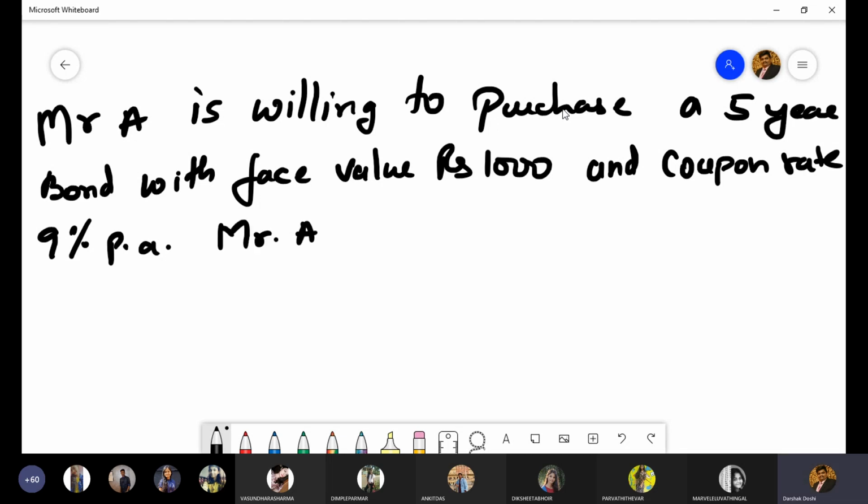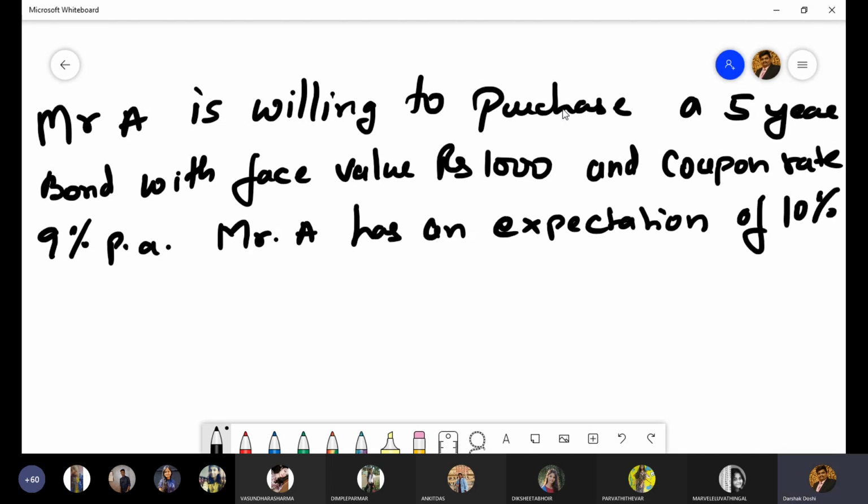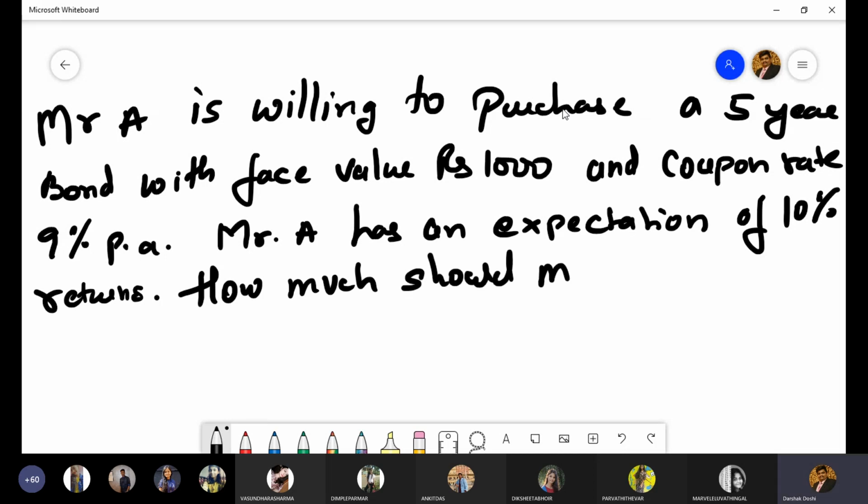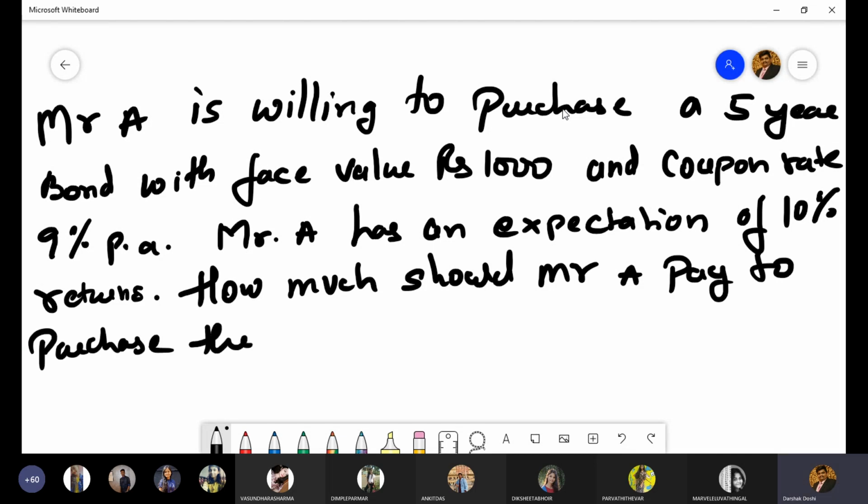Mr. A has an expectation of 10% returns. How much should Mr. A pay to purchase the bond?